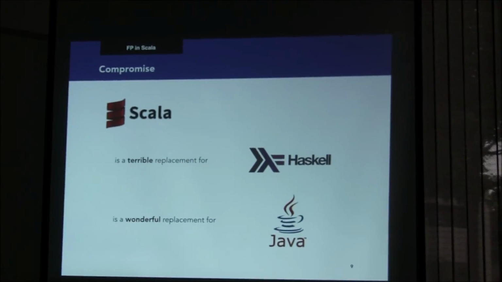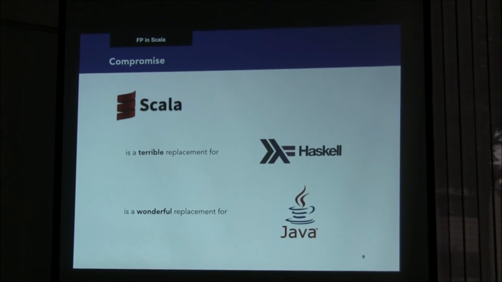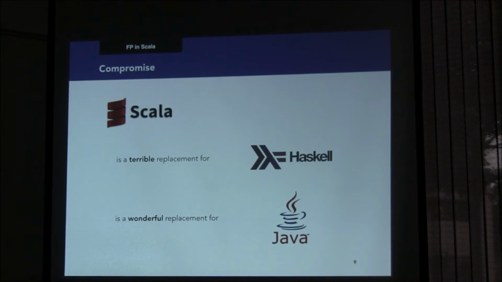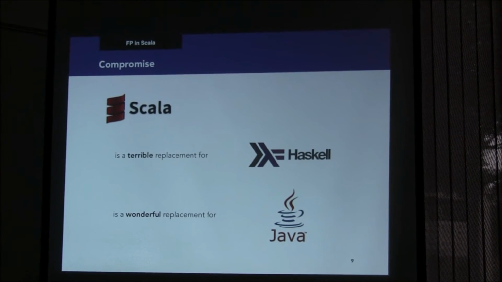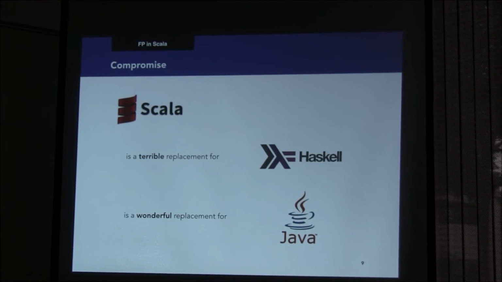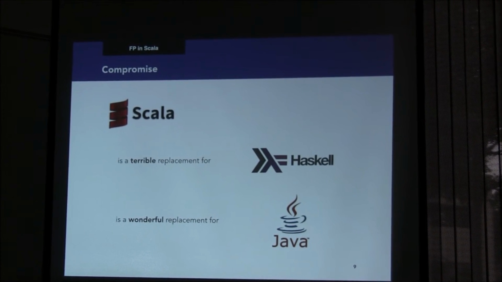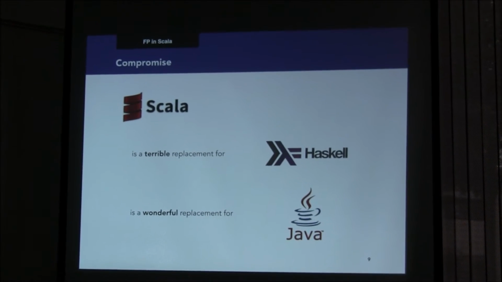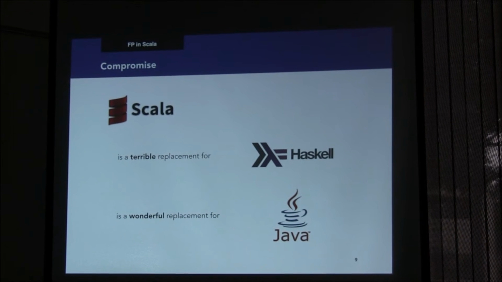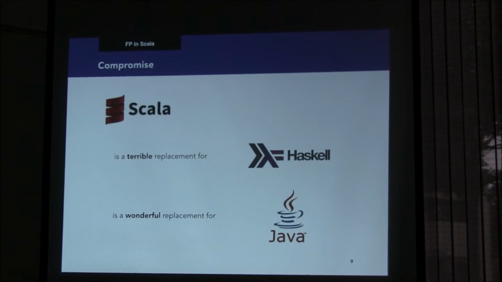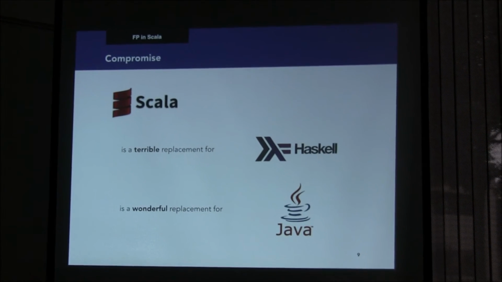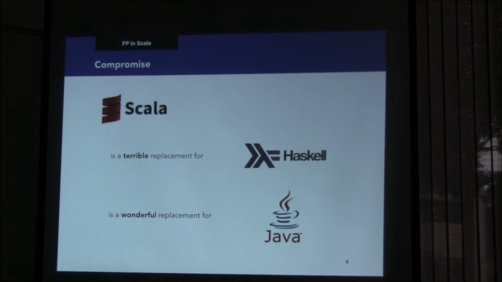So I don't want anybody to walk away from here thinking that Scala is a replacement for Haskell. It's really not. It's a terrible replacement for Haskell. It is a wonderful replacement for Java, and that's where on this continuum we live. If you really do need to write pure functional code, go for Haskell, go for Frege.